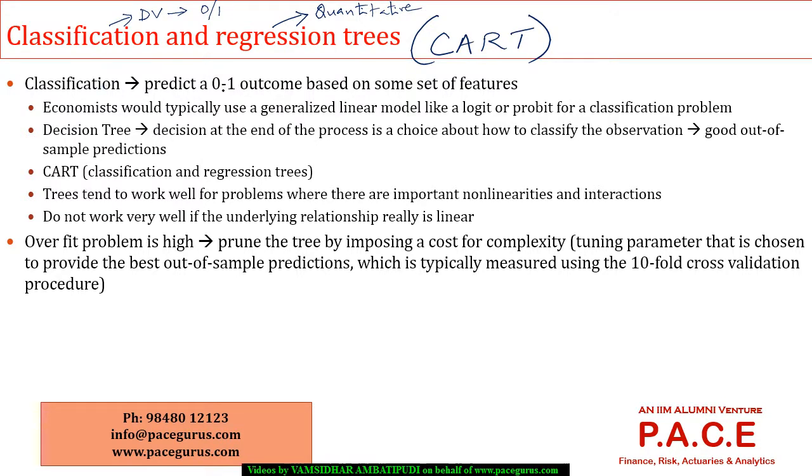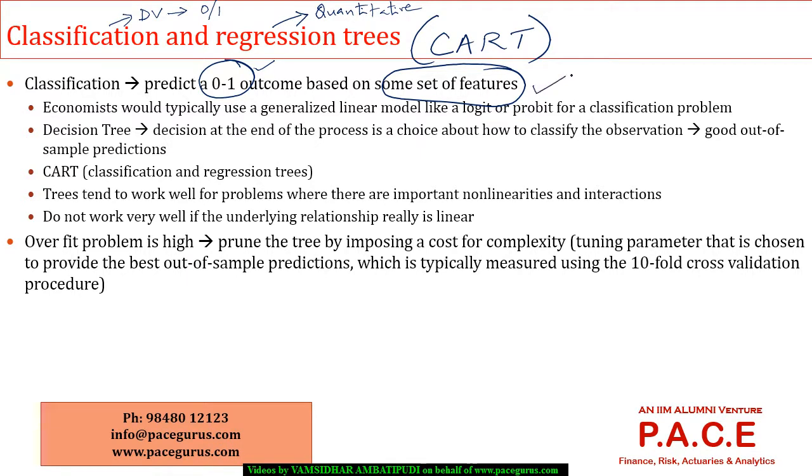So if you look at classification, my objective will be to predict a 0 or a 1, yes or no, default or no default kind of a scenario. But this prediction I want to do based on some set of features. My dependent variable will be either the 0 or 1, but my independent variables could be anything.